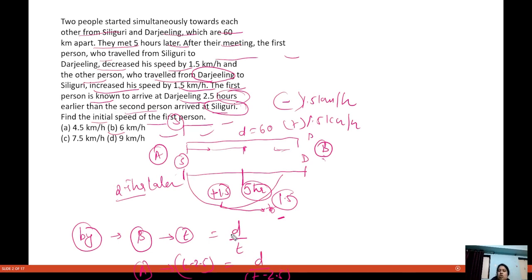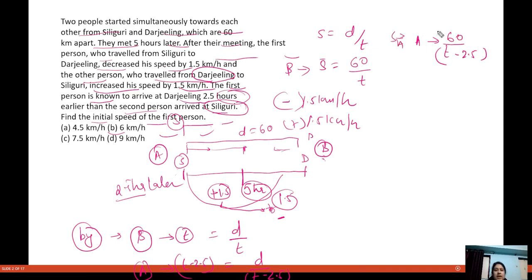Now you know the speed. Speed is equal to distance upon time. You know the distance is 60 kilometer and the time, let us take this as T. So the speed of the B person is 60 by T and the speed of the A person is 60 divided by T minus 2.5.